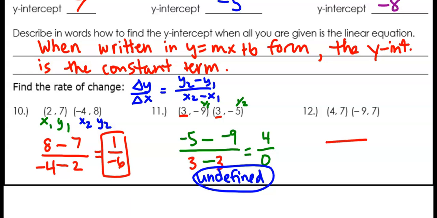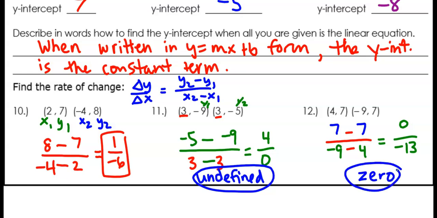For the last problem here, y2 is 7, y1 is 7, x2 is -9, x1 is 4, and again, I get a 0 in my fraction. But a 0 in the numerator doesn't mean undefined. It means 0.